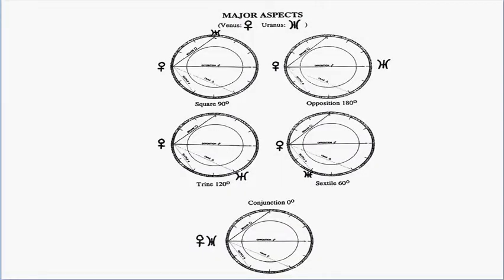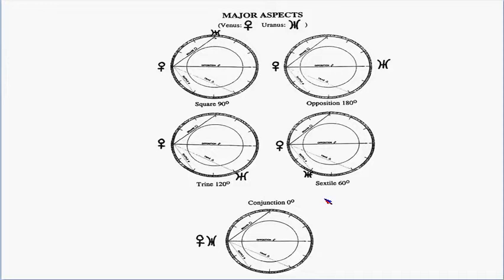You will see, for example, this is a page that shows a Venus and Uranus sign. We went through this last week, but what I want you to understand is that there are 5 primary mathematical geometry angles between planets, and those are the ones we want to focus on.